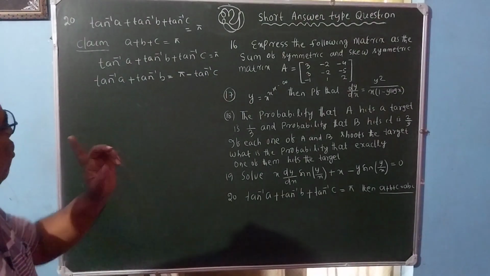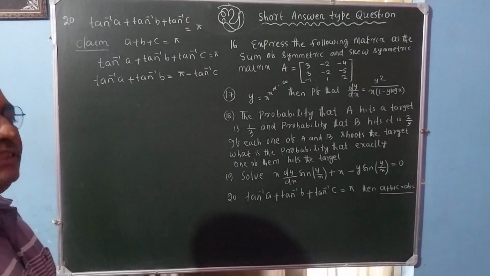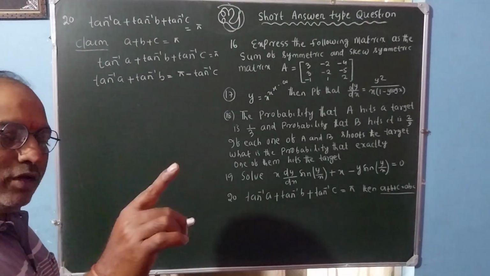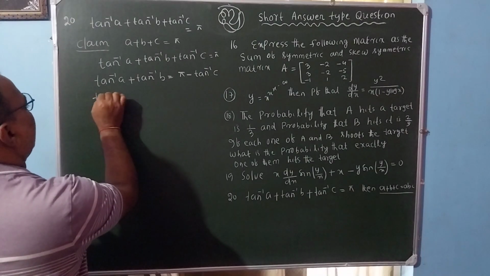We know one formula: tan inverse A plus tan inverse B is equal to tan inverse of A plus B divided by 1 minus AB. Write down the formula.